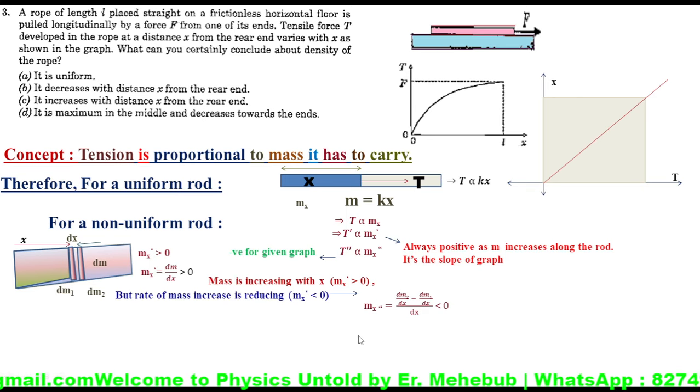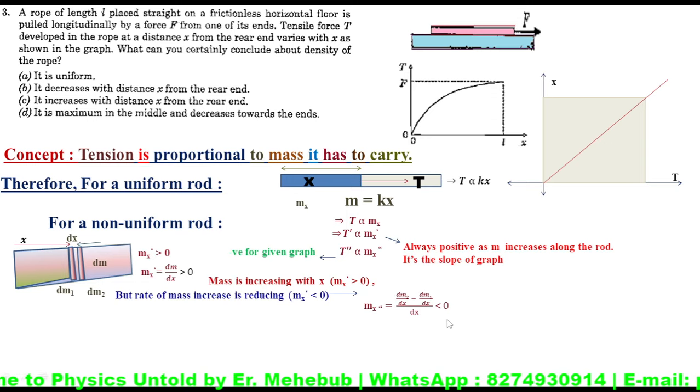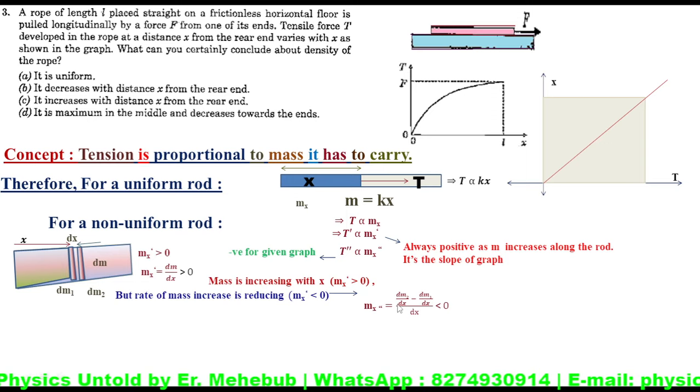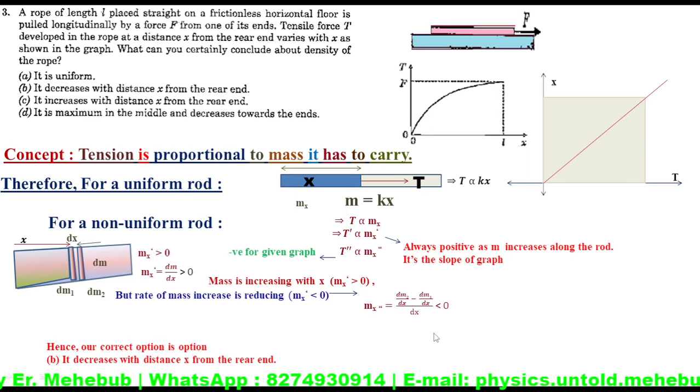Negative divided by positive must give us a negative quantity. Therefore, among these four options, our correct conclusion is it decreases with distance x from the rear end.